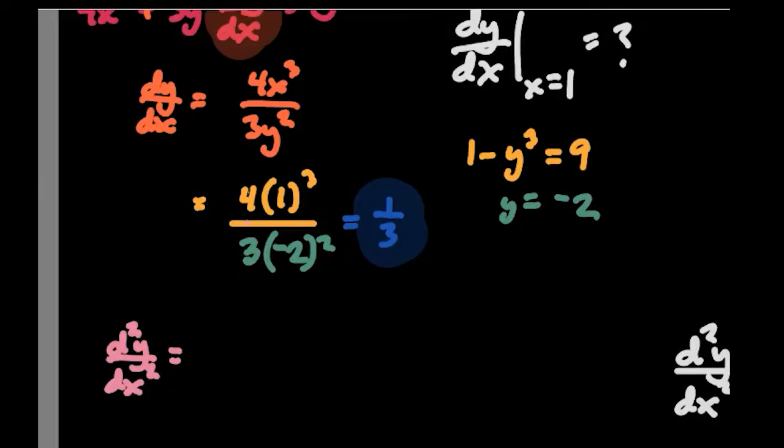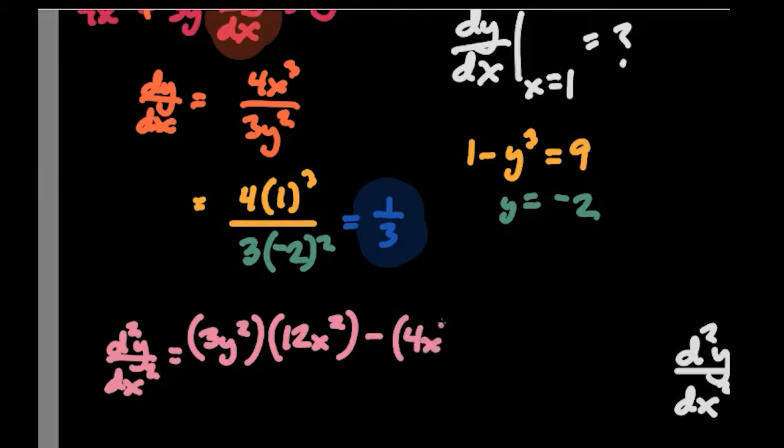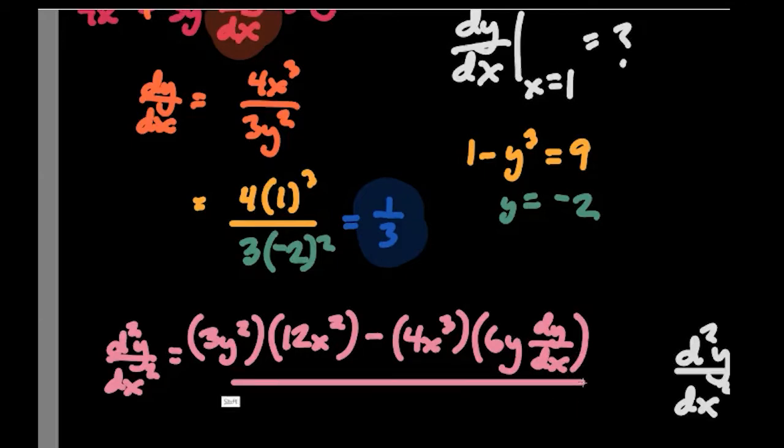All right, so we're doing the derivative of this orange step right here, and the derivative of that would be g times f prime minus f times g prime, and we're dividing this by g squared, so that's going to be 9y to the 4th, essentially.